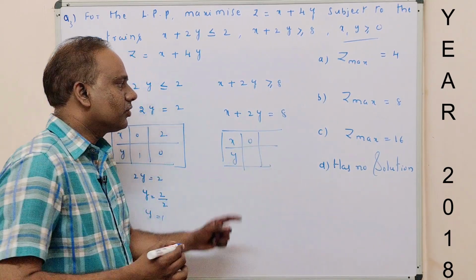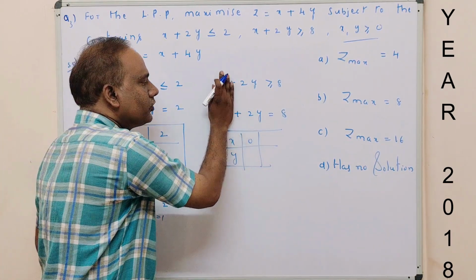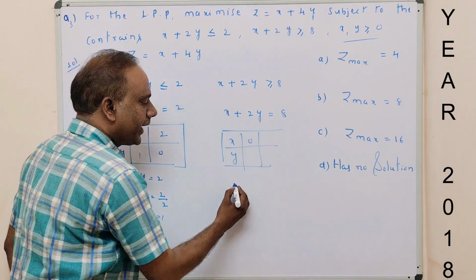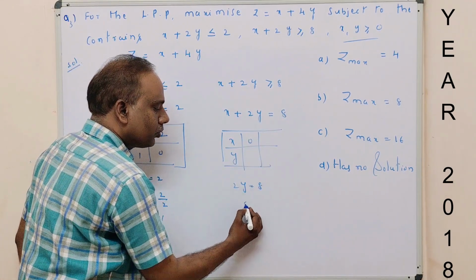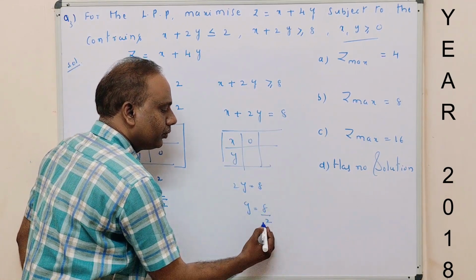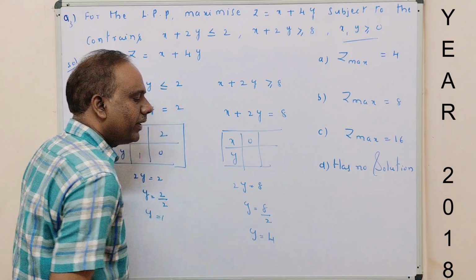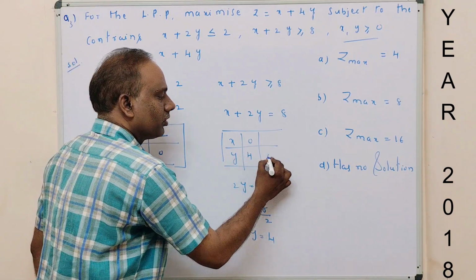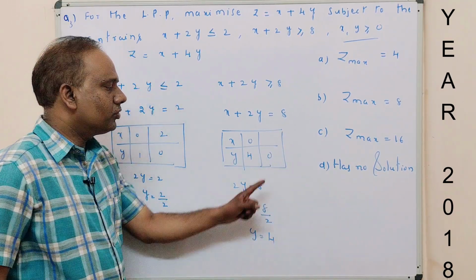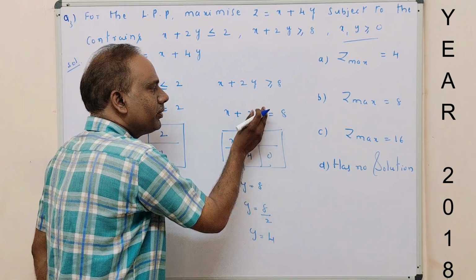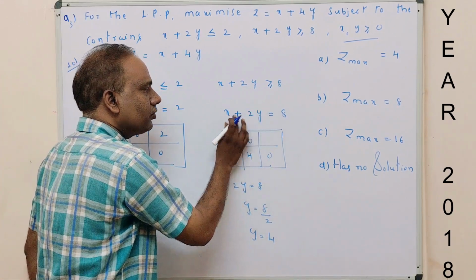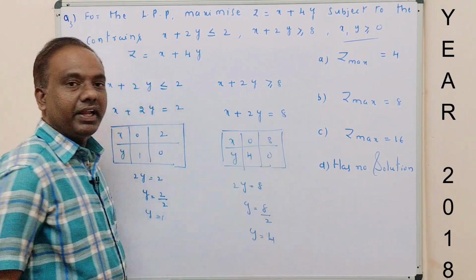First you take x is equal to 0. So x value 0 means 2y is equal to 8, so y is equal to 8 by 2, which is 4. Next you take y is equal to 0, so this whole value is 0, so x is equal to 8.